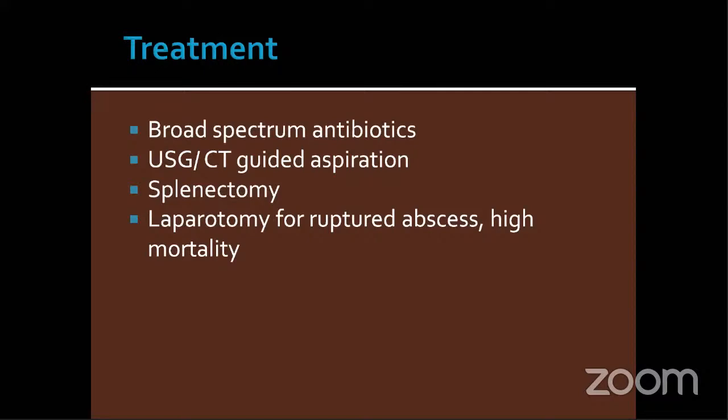You cannot keep on aspirating, it will cause a lot of hematoma and there is a high chance of recurrence. So in such cases, multiple abscesses, you can go ahead with splenectomy. Suppose there is rupture of the abscess, then you have to go ahead with laparotomy and then decide on table whether to go ahead with splenectomy. Usually we do splenectomy in cases of ruptured abscess.